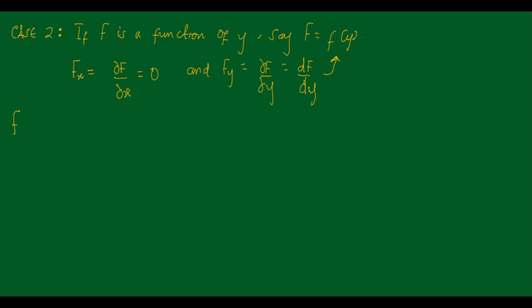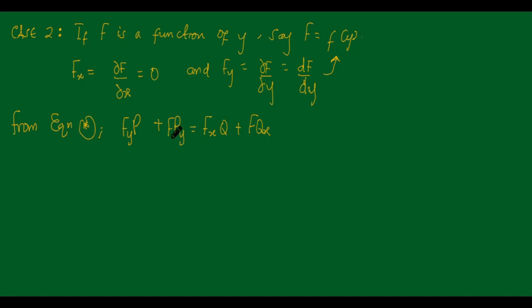So from equation asterisk that we obtained in the previous video, I will write it. We have f subscript y multiplied by p plus f multiplied by p subscript y should be equal to f subscript x multiplied by q plus f multiplied by q subscript x. So this is our equation asterisk.